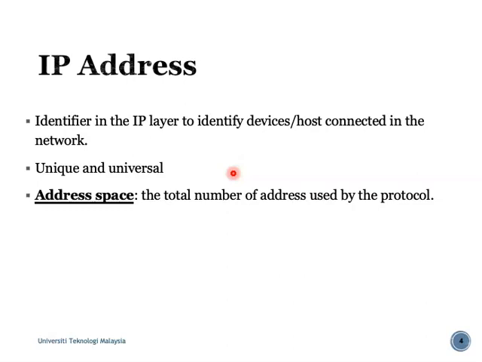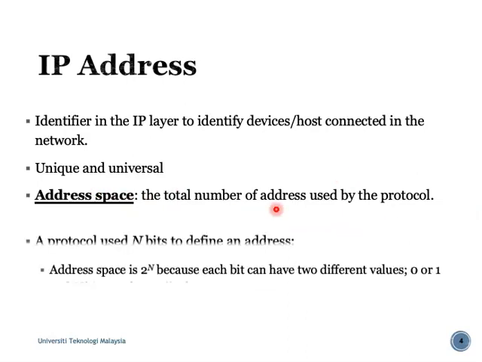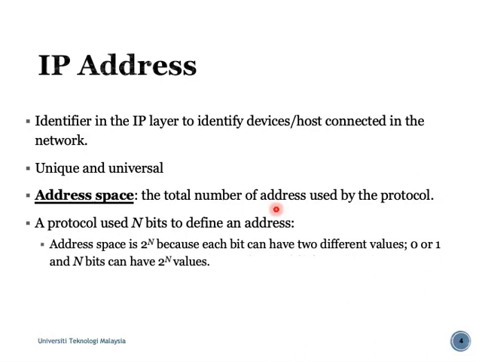So the address space here is the total number of addresses used by the protocol. How many addresses are there in IPv4? We will have a look after this. A protocol uses n bits to define an address. So the address space is 2 power of n, because each bit can have two different values, 0 or 1, and n bits can have 2 power of n values.